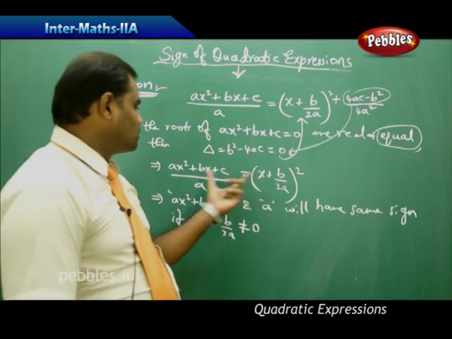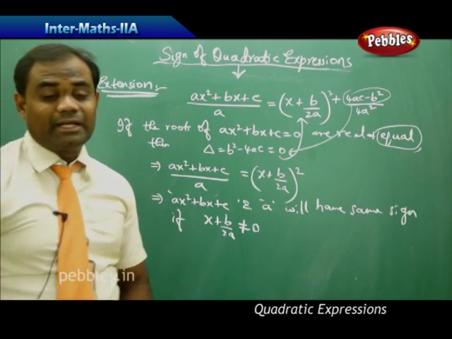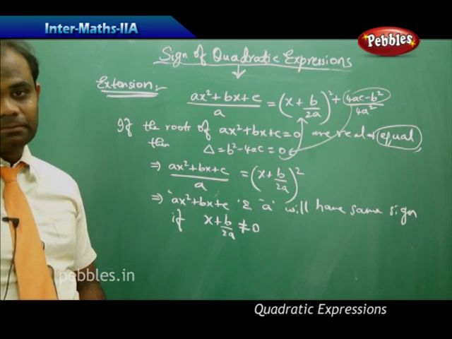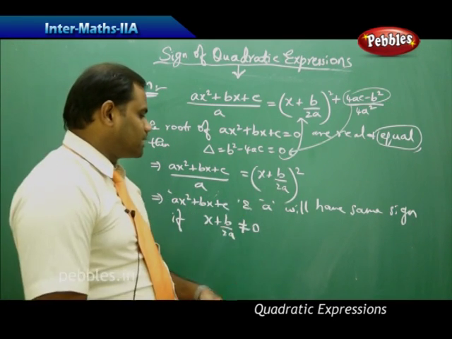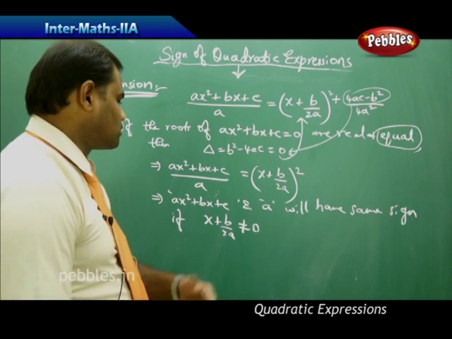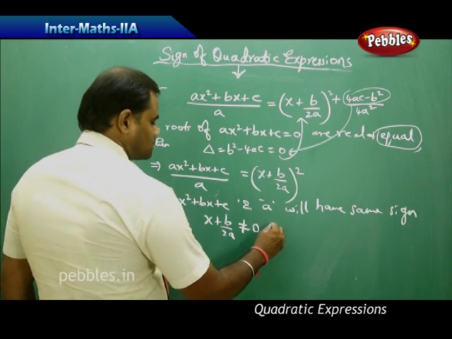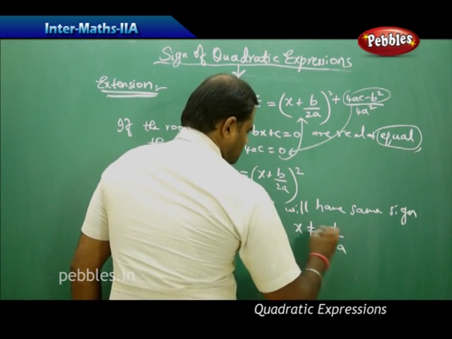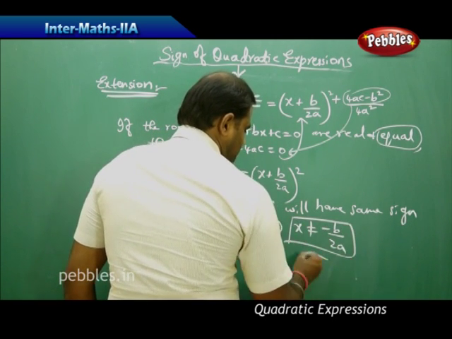Because if this is 0, the whole of this becomes 0, and then it is difficult to predict the signs of the numerator and the denominator. So for this to be strictly greater than 0, this has to be not equal to 0. That is, x is not equal to minus b by 2a.